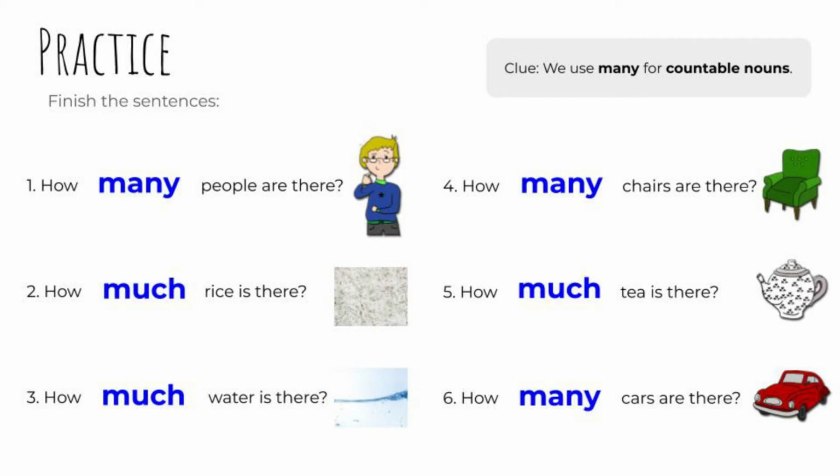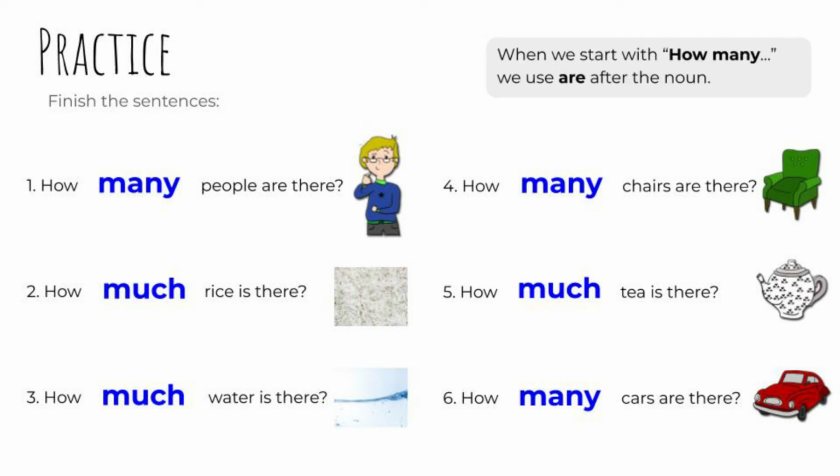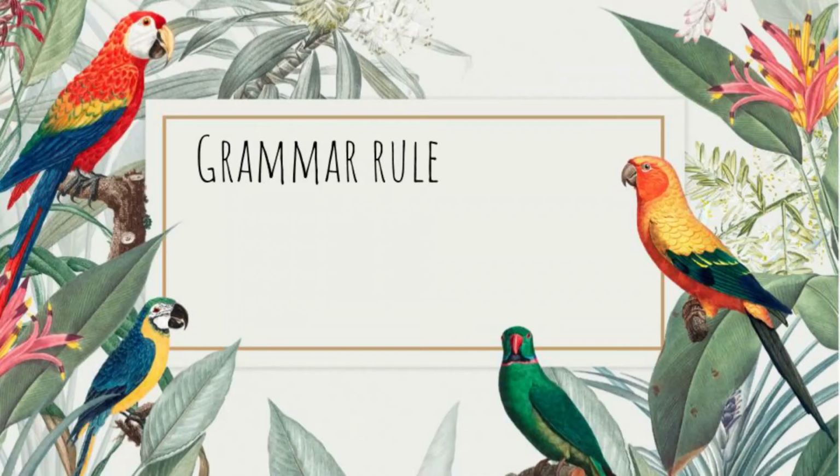How many cars are there? We can count cars. We use many. Well done. Did you notice when we start with how many, we use are after the noun? How many people are there? Not how many people is there.